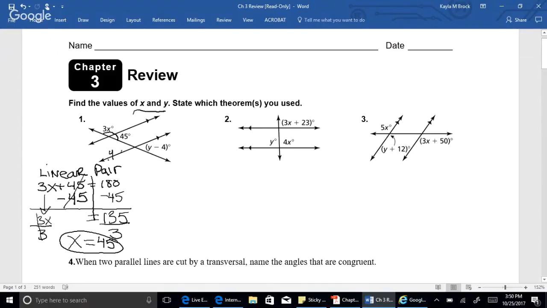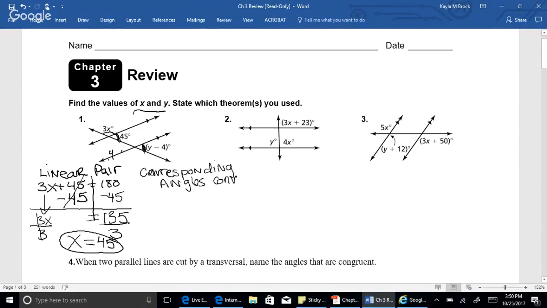Okay. Next, I'm going to look at what the y will equal. I see that the 45 degrees and the y minus 4 are corresponding angles. So I will use the corresponding angles converse to solve this problem.